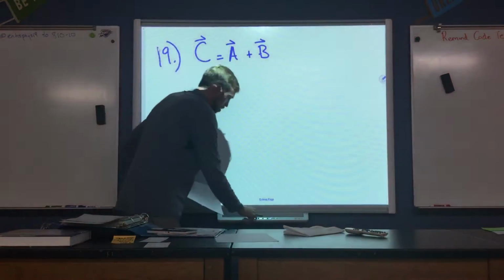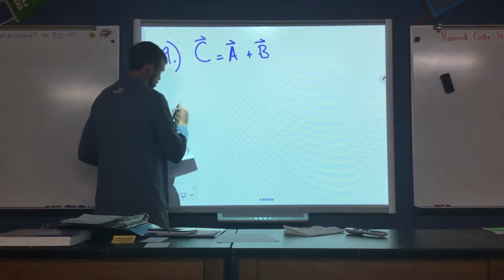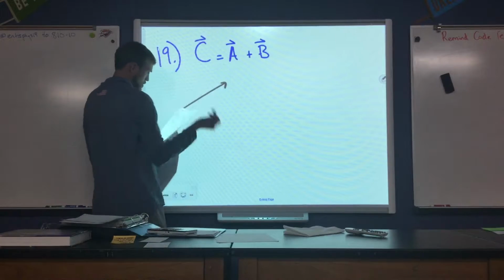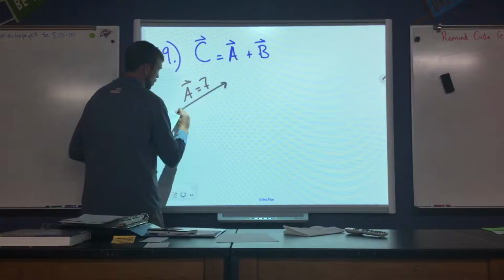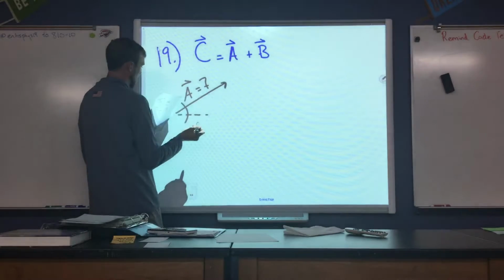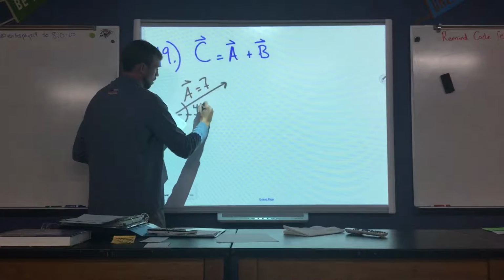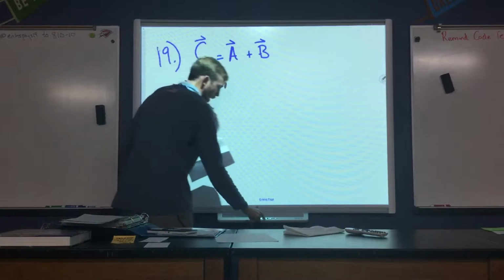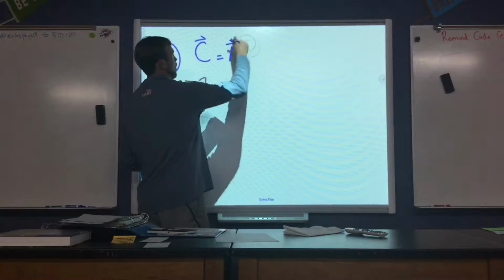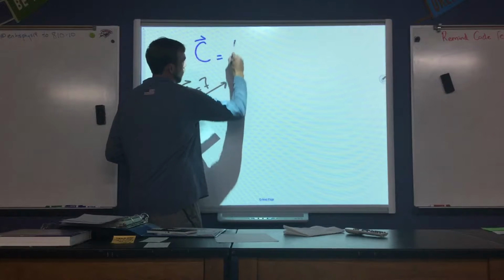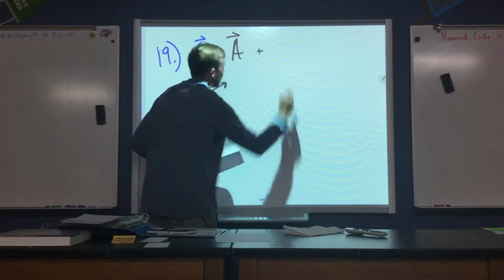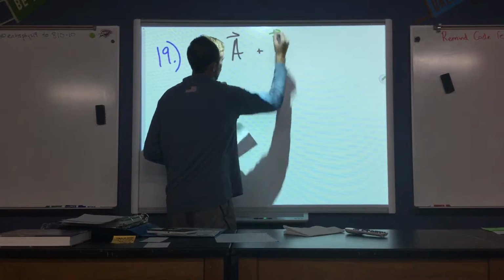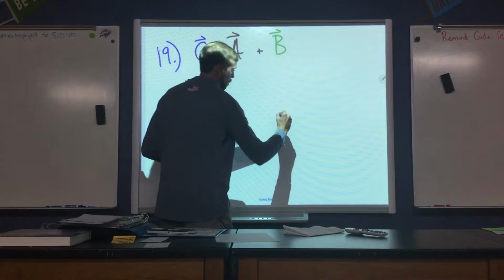Vector A is 7 units at an angle of 45 degrees. And vector B, let me write these so they're a little bit more descriptive for us. Vector B is 2 units at 20 degrees.